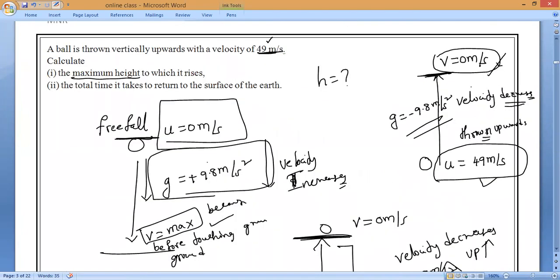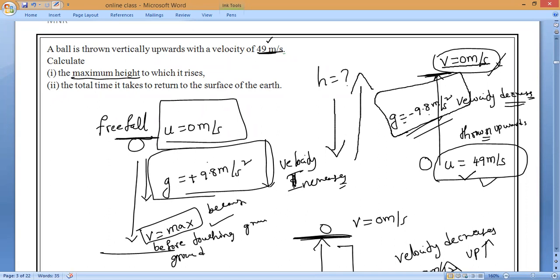Ball is thrown upward. Initial velocity is maximum, which will come at down. And after reaching certain height, body will attain zero velocity. So that is what final velocity. And as it is thrown upwards, velocity decreases. G value is negative because it is opposite to gravity. Earth pulls like this, but body is going like this.